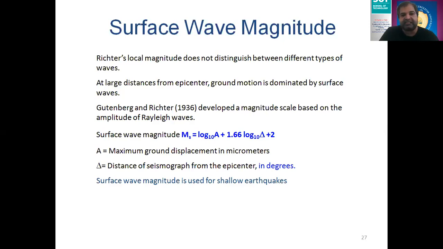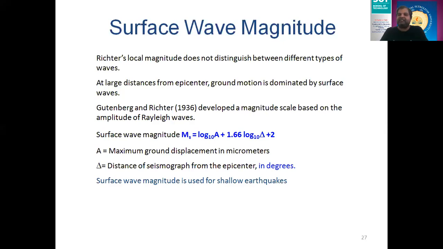The Richter local magnitude does not distinguish between the different types of waves. As I said, it is instrument specific to the seismograph. At a large distance from the epicenter, the ground motion is dominated by the surface wave. As I said while discussing the characteristics of surface waves, the surface wave can travel horizontally to large distances.